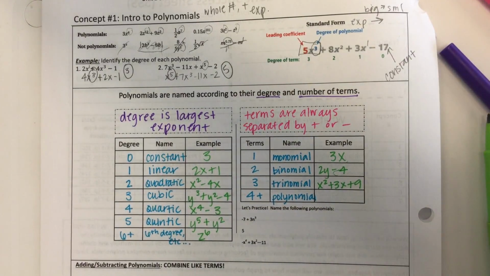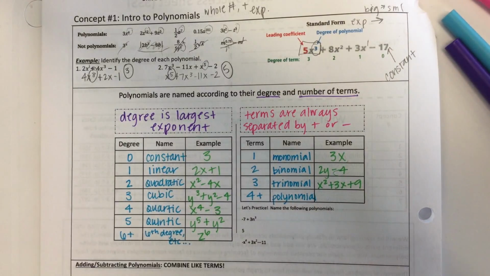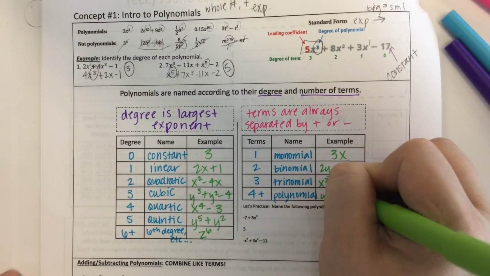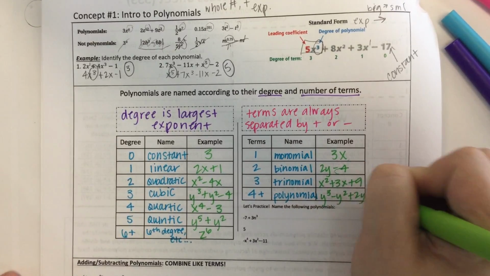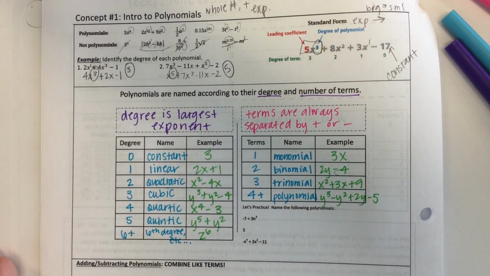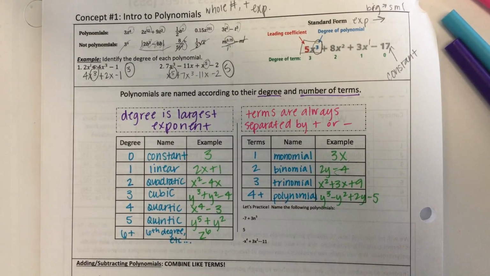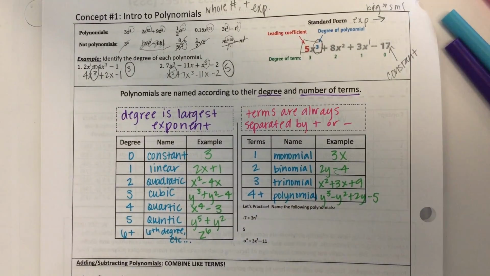So if this has 4 terms, we would say polynomial with 4 terms. If it had 5 terms, we would say polynomial with 5 terms. So here's an example of a polynomial, y cubed minus y squared plus 2y minus 5. What kind of polynomial would this be? If you said a cubic polynomial with 4 terms, you would be correct.